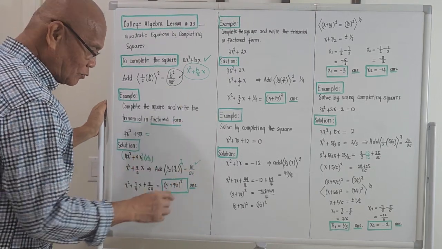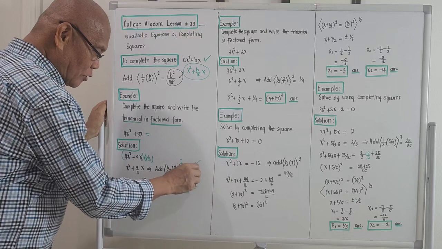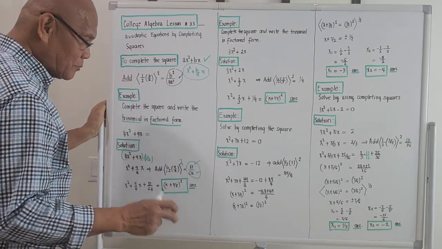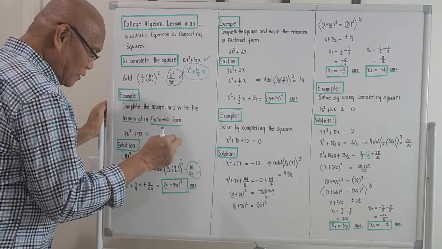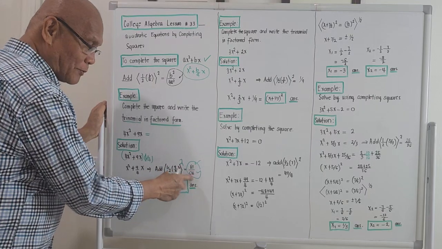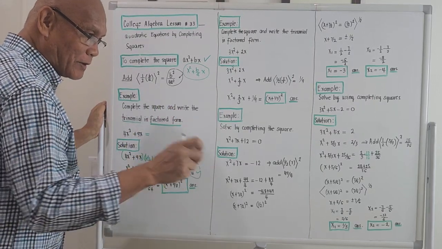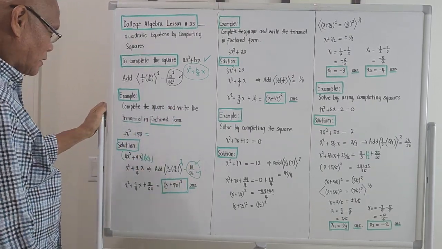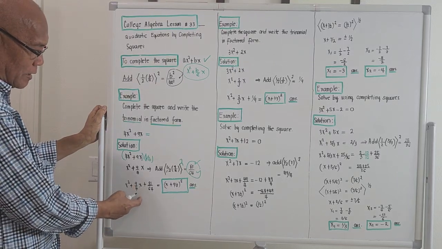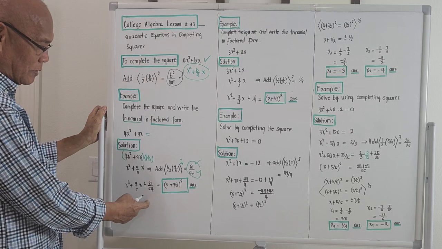We square it, that will be 64. So meaning to say, the constant that must be added to this given equation should be the value 81 over 64 for it to become a perfect trinomial. So we will rewrite it: x squared plus 9 over 4x plus 81 over 64.